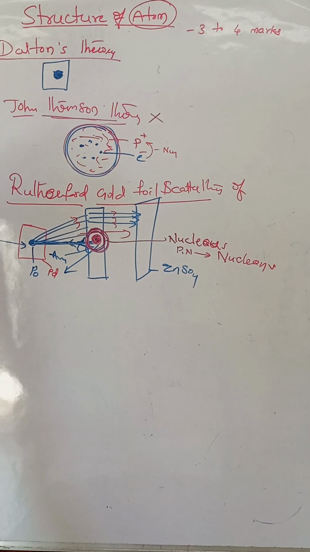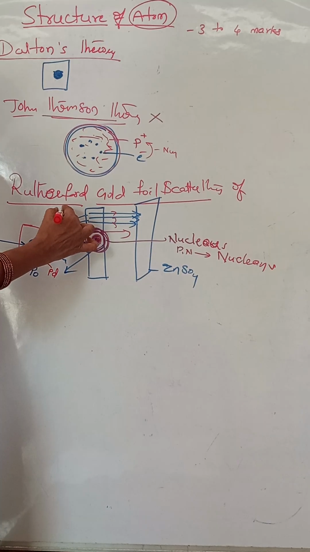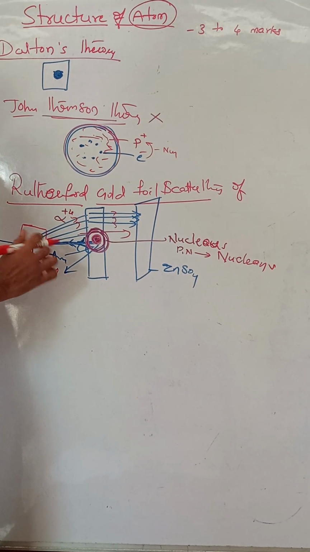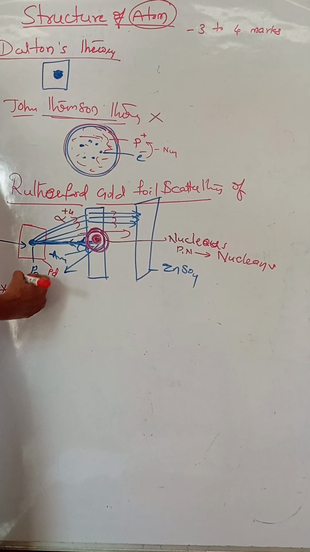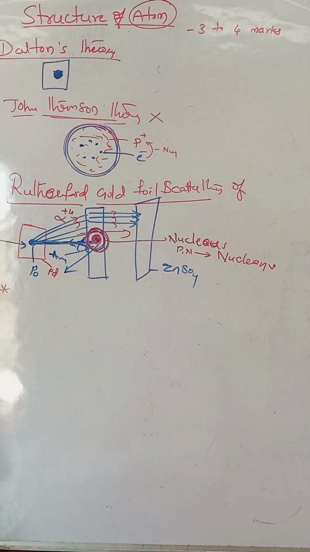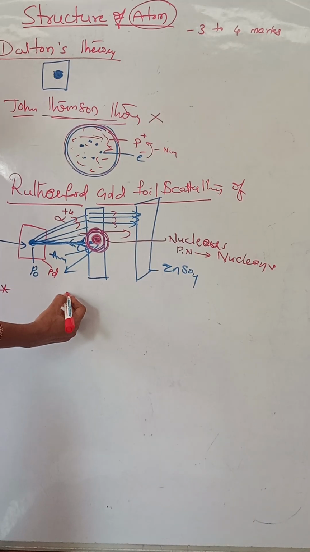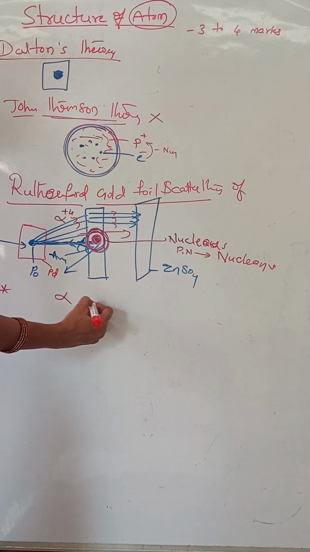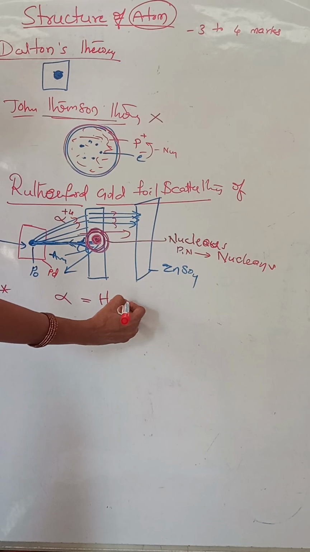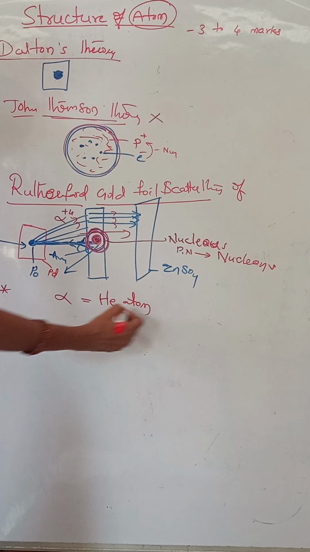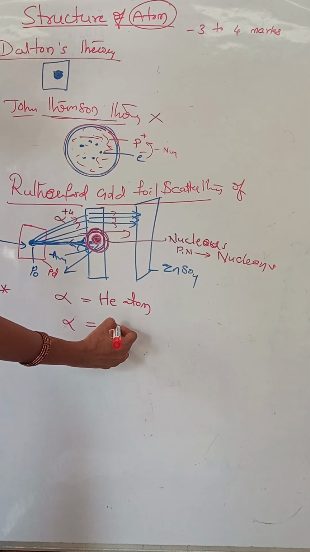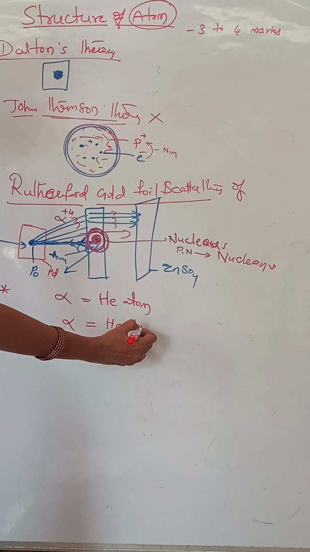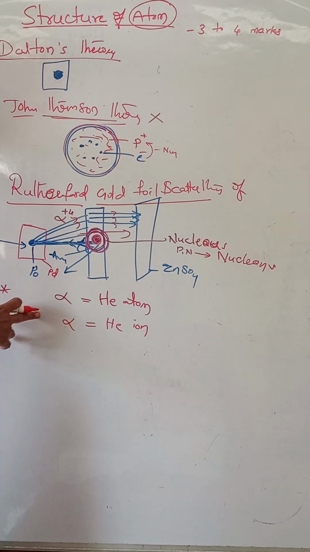After that, these alpha rays are positively charged. Here is one of the most important questions asked in exams: alpha rays are equal to a helium atom, or alpha rays are equal to a helium ion. Which is correct?